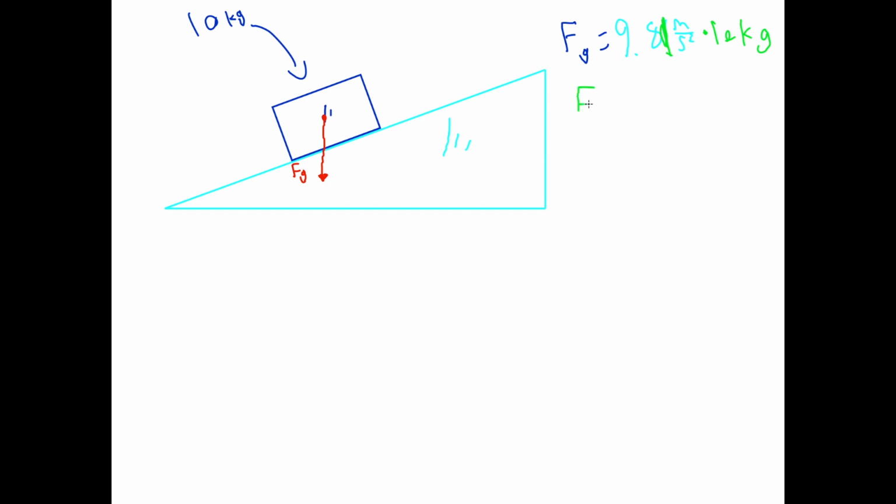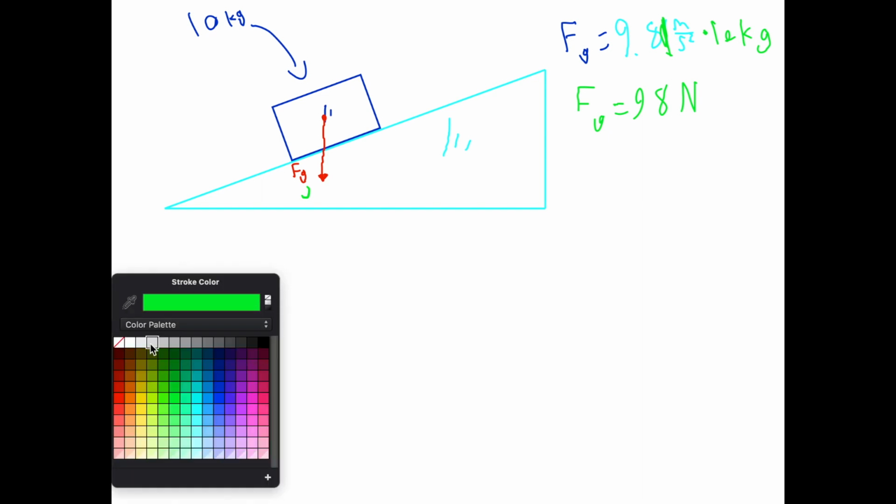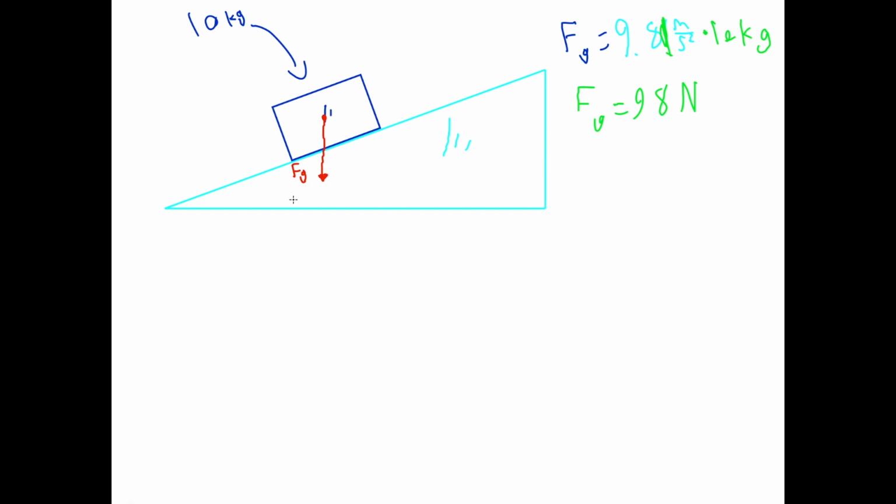So the force of gravity on this block is going to be 98 meters per second squared kilograms, which is newtons. So the force of gravity on this brick is going to be 98 newtons downward.